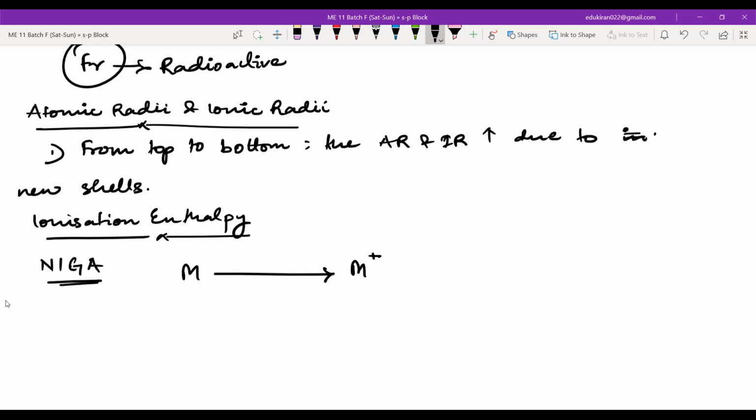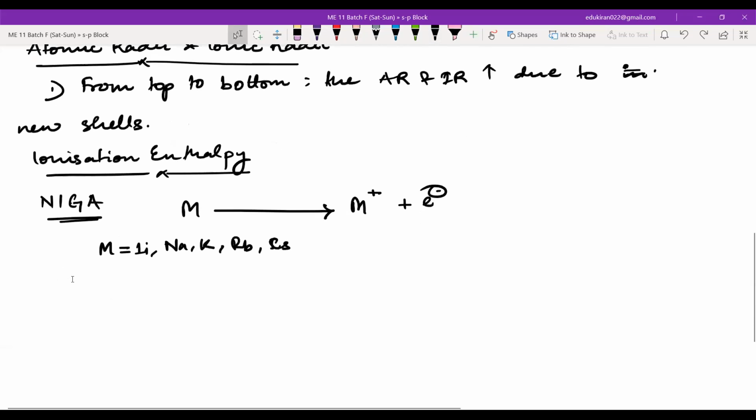It will become M+ plus electron. So here M is what? M is the group 1 element: lithium, sodium, potassium, rubidium, cesium, and not francium, because francium is radioactive. We don't talk about the chemical and physical properties of radioactive substances.